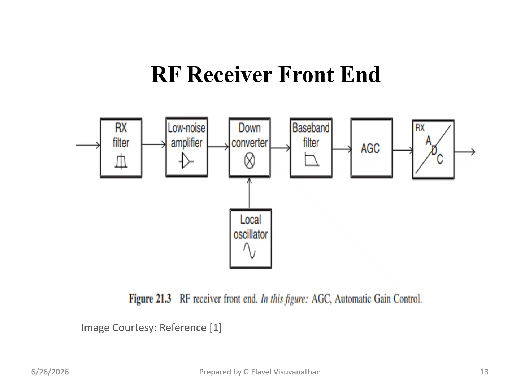First we filter the unwanted things, next we remove the noise with the low noise amplifier, next we convert the signal with the help of a local oscillator, next we filter according to the baseband, next we control the gain with the help of an automatic gain control. At last we convert that analog signal to digital. So that is the RF front end.